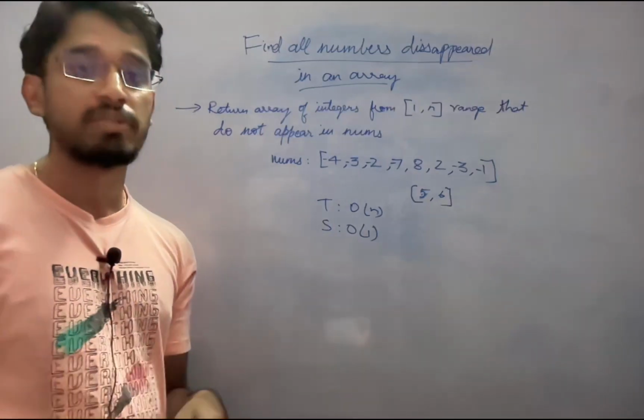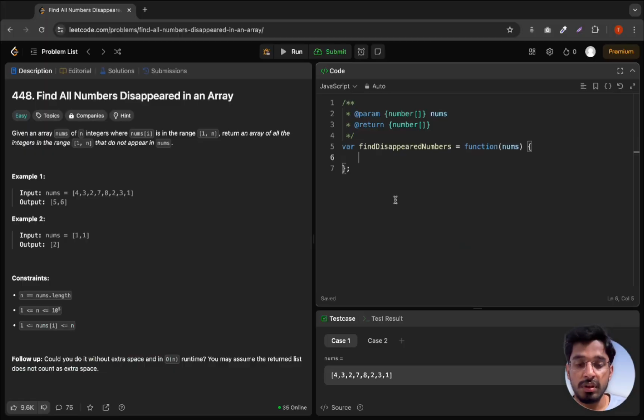So let us see how we can solve this by code. Let's loop across all the numbers. So let's say for let num of nums. As I told, we need to treat this number as an index. So we can just create an index and set that equal to Math.abs. This will always give us a positive number. So even if the number is negative, we treat it as positive to get the index.